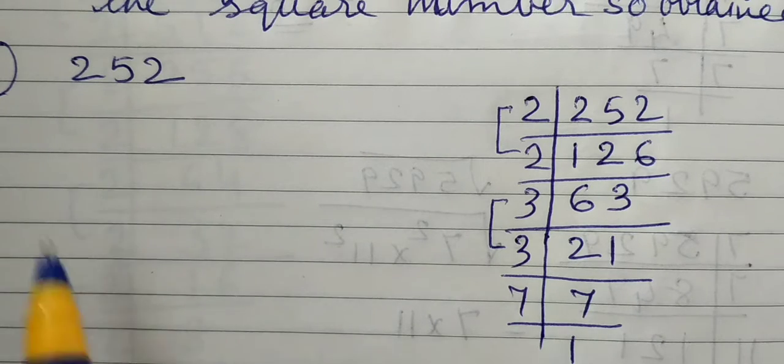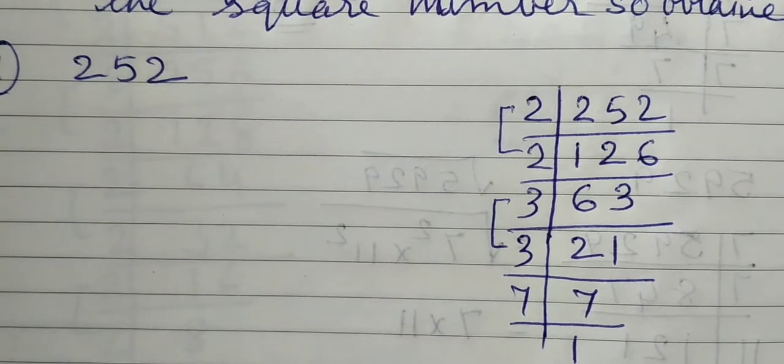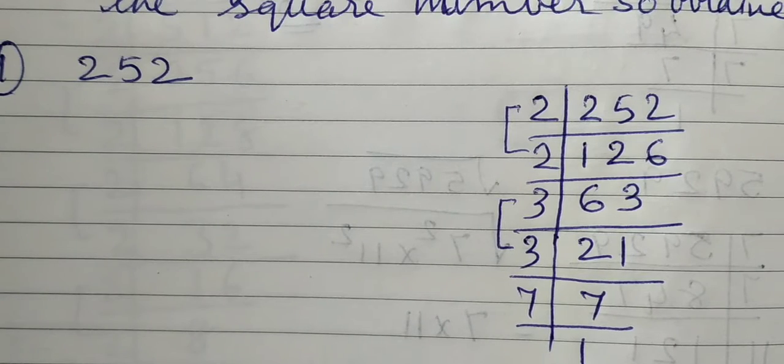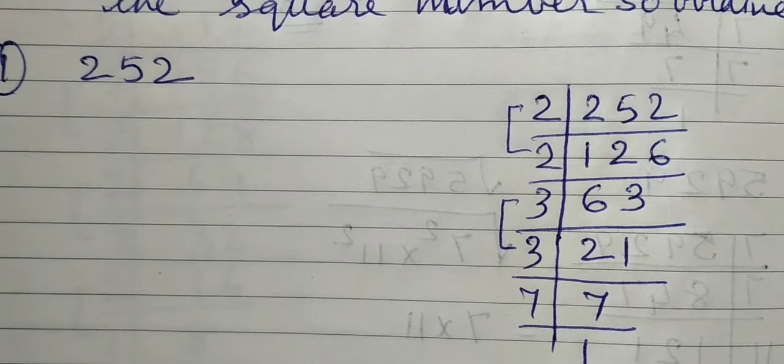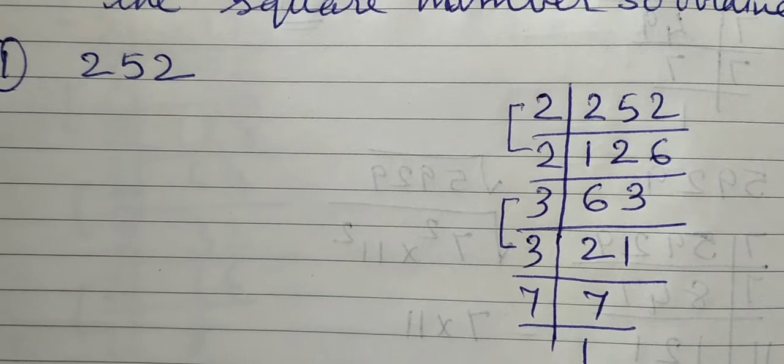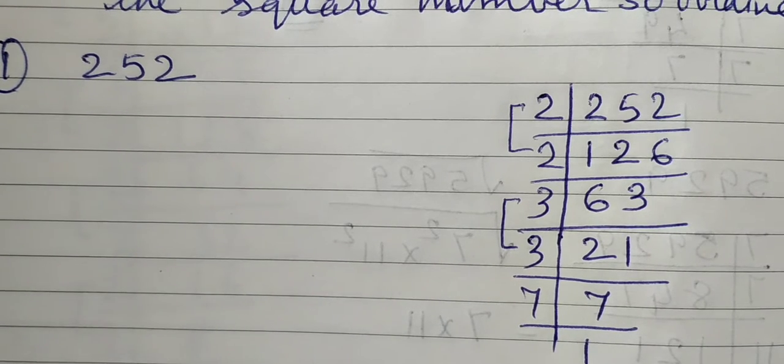So 252, from the question it is sure that it's not a perfect square, because you are not asked to check whether it's a perfect square or not.